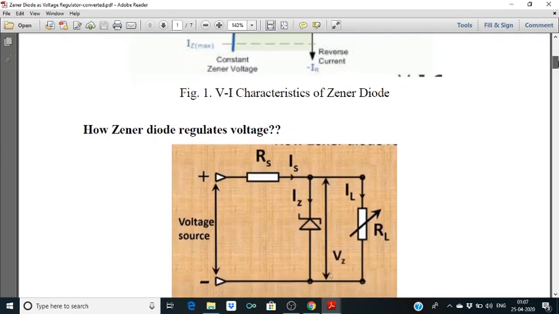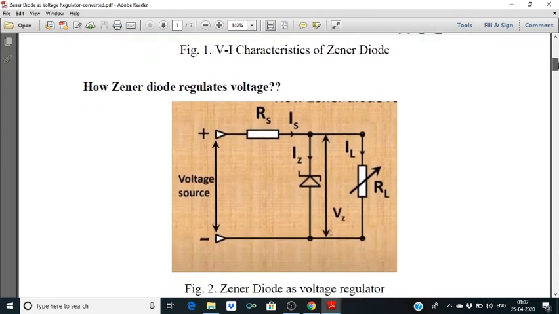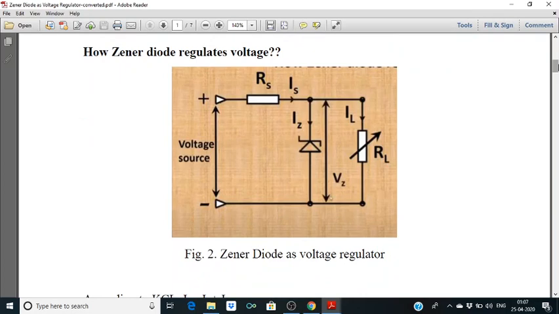Now how does Zener diode regulate voltage? This is a circuit of voltage regulator. We have this unregulated voltage source, then this is a series resistance, then this is a Zener diode. It will operate in a breakdown mode.